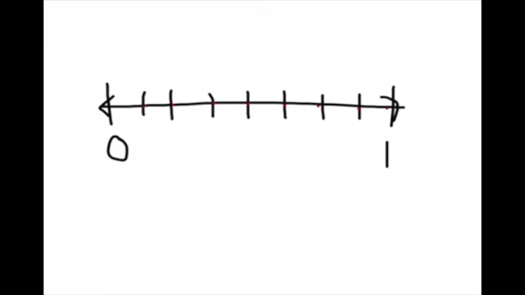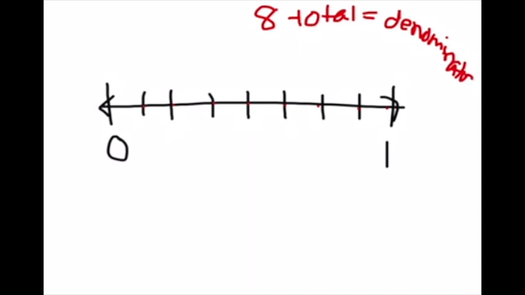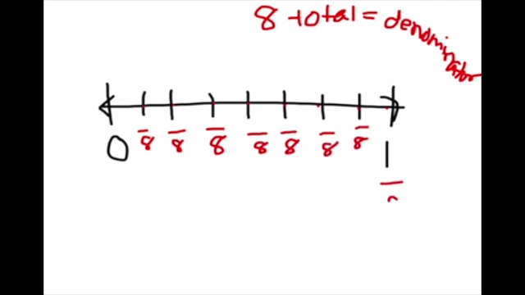Okay, so my denominator is going to be an 8, since there are 8 total, right? So that means that's my denominator, the bottom number of my fraction. This is going to be an 8, 8, 8, 8, 8, 8, and then 8.